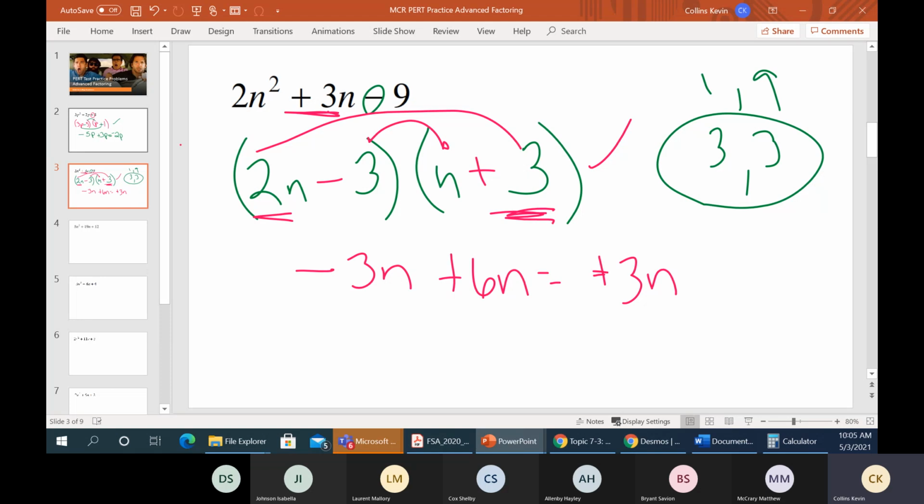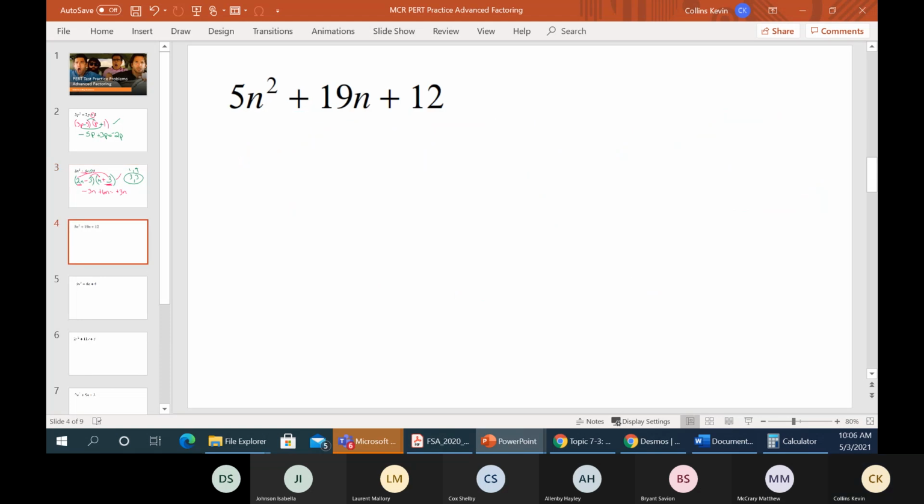All right, let's check out a few more. All right, so this one, we got a 5 up front. Now, so far they've been pretty nice to us because the first number, there's only one way to get 5, and that's 1 times 5. All right, so let's set up shop.